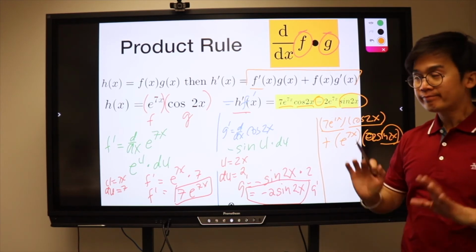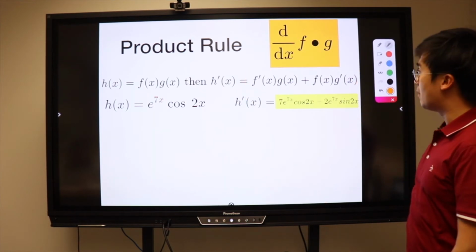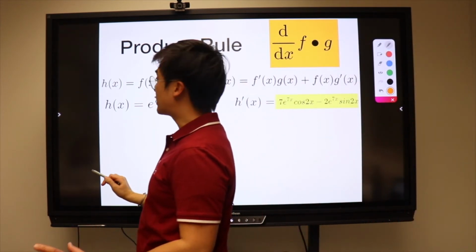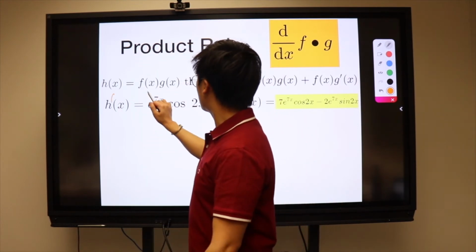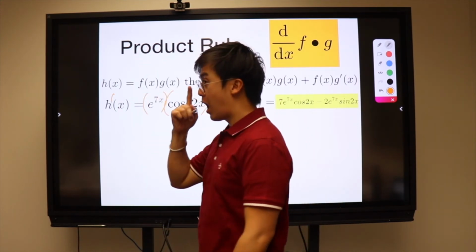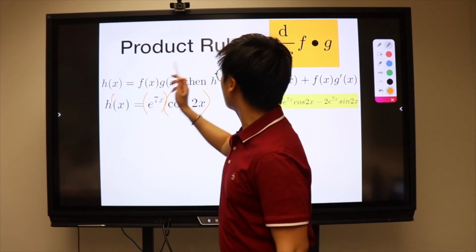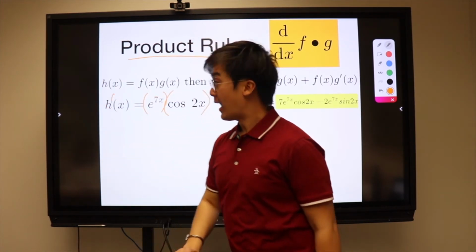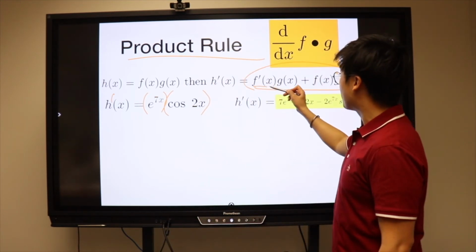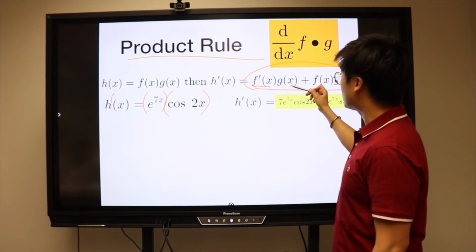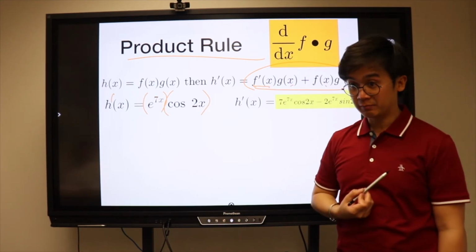Okay? Now, a recap of this long method. Every time you're finding the derivative of h of x or any function, make sure that you are identifying your f and your g so you can use your product rule, okay? And then just use the derivative, and again, it's all about symbols. F prime means the derivative of f, g is the original, and g prime is the derivative of g, okay?